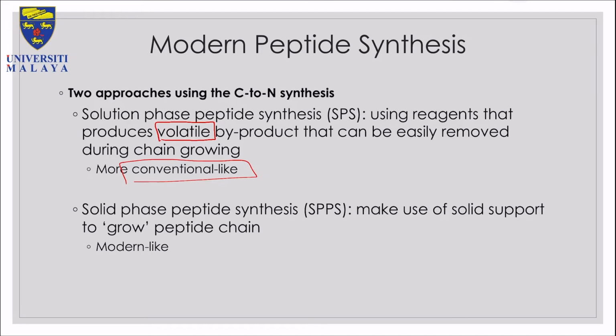instead of doing a column chromatography, which takes you a few hours to pack the column to make sure that there's no air bubbles in the column and so on and so forth, which will take forever, you can just simply do a rotary evaporator. So with rotary evaporation, you manage to remove the volatile product, then you can just repeat the steps.